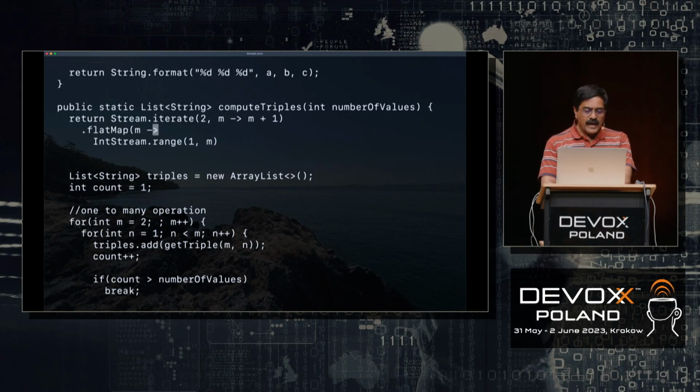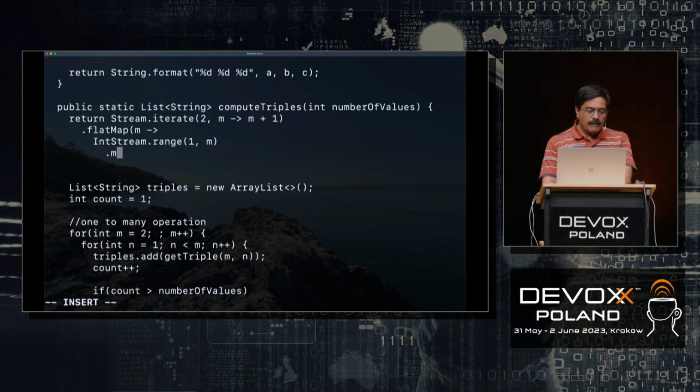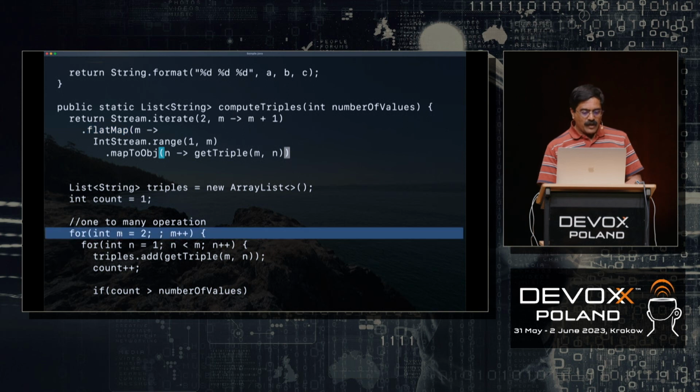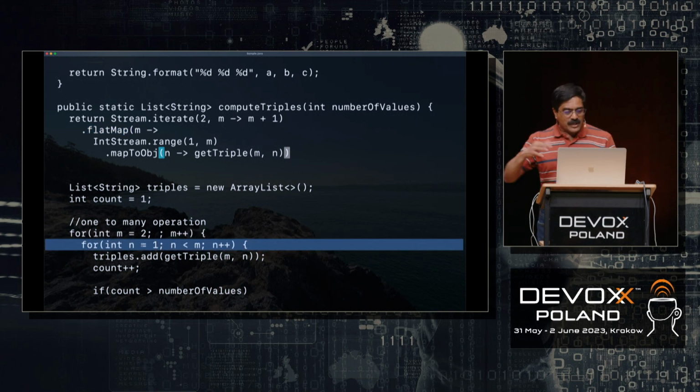So we have an IntStream. Then we can do a mapToObj. And in this case, given an n value, we can return a getTriple for the m and n as a value. So this becomes a flatMap operation because you have a one-to-many mapping. Here's the outer loop, and here's the inner loop, which contains many values for it.